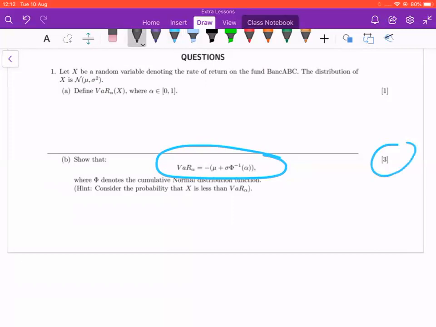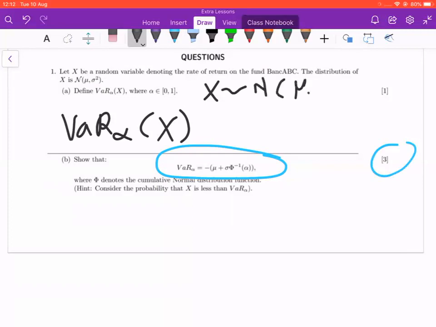They asked you to define VaR of x, being your rate of return, where x is a normal distribution with mean mu and variance sigma squared. To find this value of VaR, it's going to be negative t.